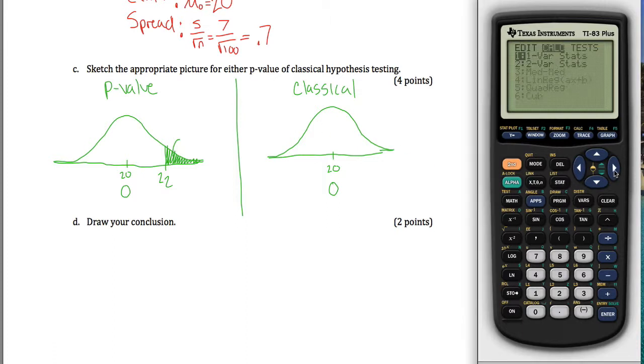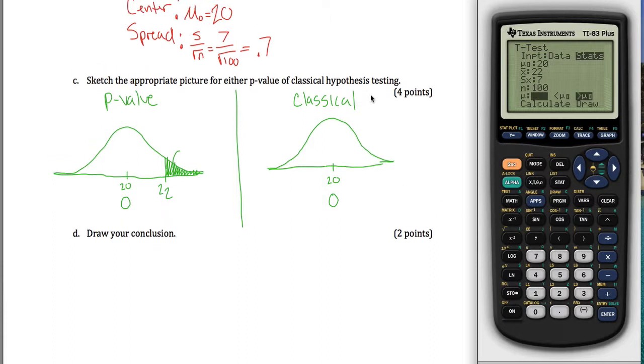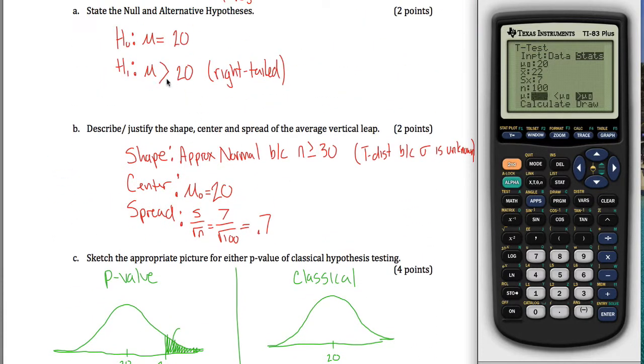And what's nice is your calculator gives you exactly that. If you go down to t-tests, and you tell it you have statistics, that mu naught is 20, x bar is 22, standard deviation is 7, and n is 100, and our alternative hypothesis was that mu is greater than mu naught, then you can either do calculate or draw, whichever one you want.